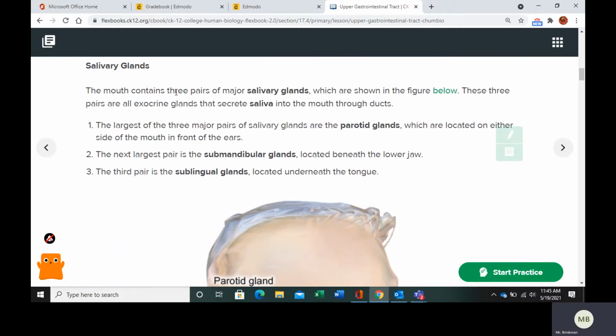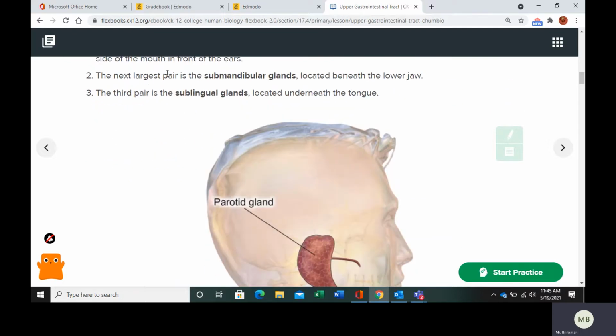In the mouth, we have 3 pairs of major salivary glands. The largest of the 3 is the parotid glands. The next largest would be the submandibular glands. Your mandible is your jawbone, so anything submandibular is under your jawbone.